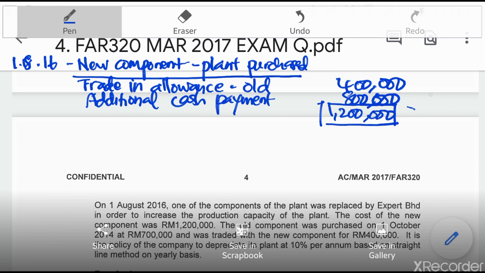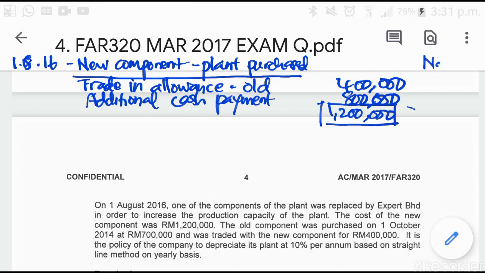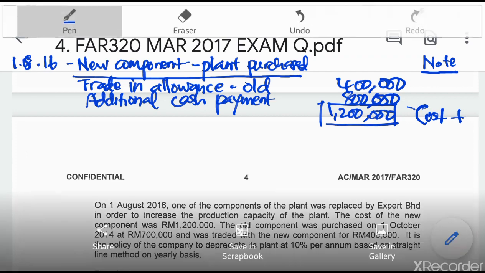So basically, in terms of the movement in the notes, this is the one that you need to go and add to the cost. So I put here cost plus. Okay, the next one. And remember to charge depreciation for this 1.2 million.